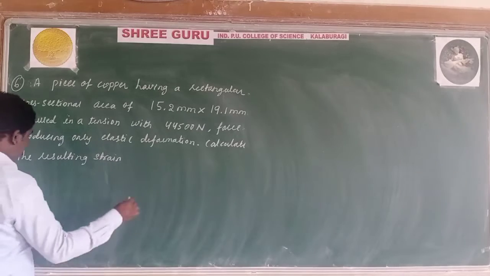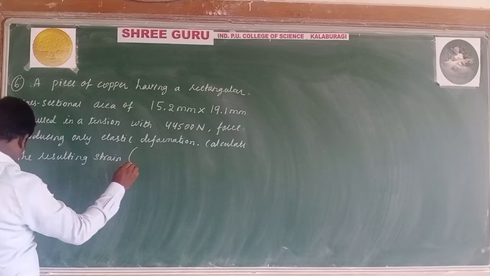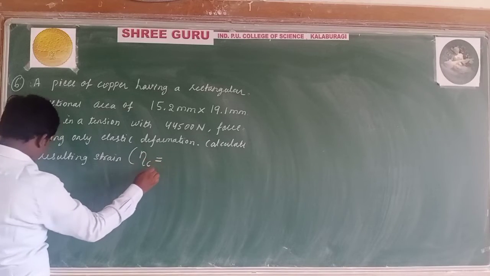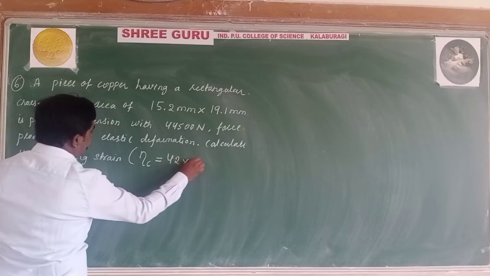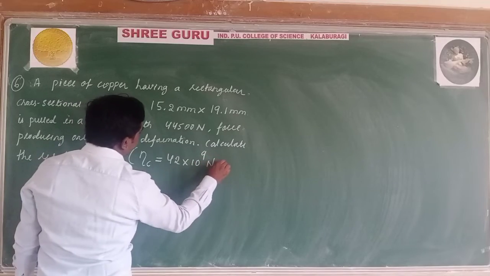In the bracket they mention the given values, that is the shear modulus of copper is 42 into 10 to the power of 9 Newton per meter square.